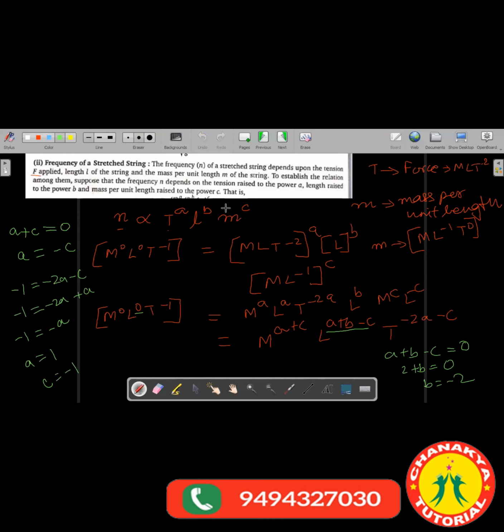Then L we have got minus 2, so L to the power minus 2, and M to the power minus 1. So it will be N proportional to T over M L squared. This is the frequency of vibration.